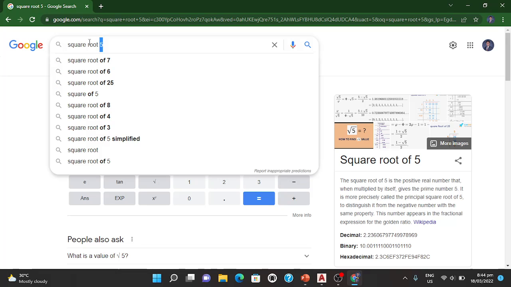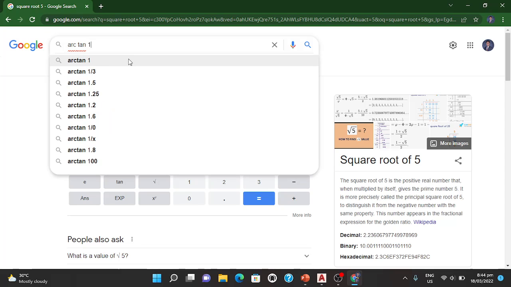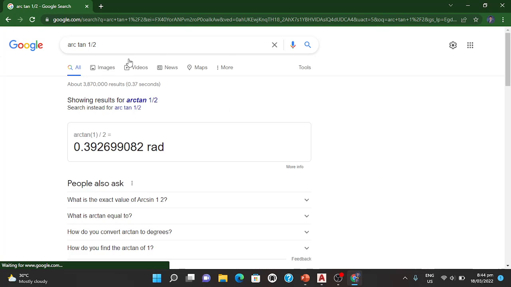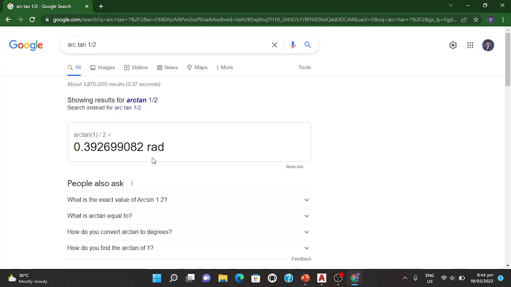So let's type arctan, then indicate the values of our opposite and adjacent. We have opposite equals 1 and adjacent equals 2. So arctan 1 over 2. Once we indicate that, we have 0.3926082 rad. Okay? So we have a value in the form of radians.